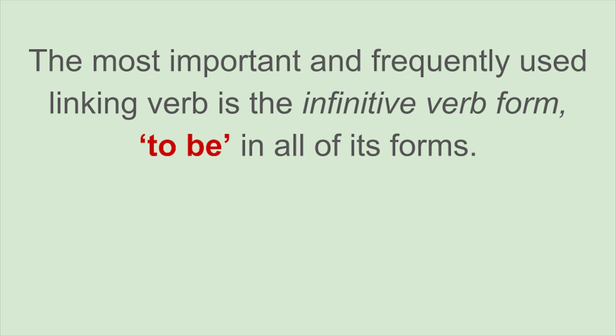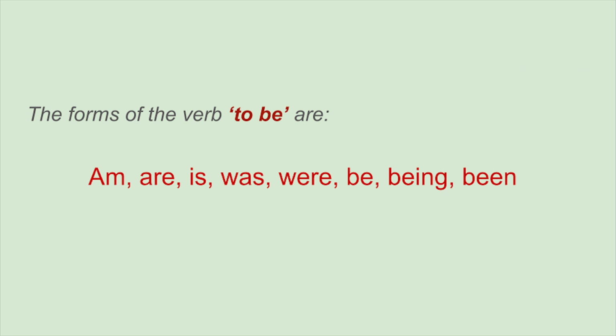The most important and frequently used linking verb is the infinitive verb form to be in all its forms. The forms of the verb to be are am, are, is, was, were, be, being, and been.